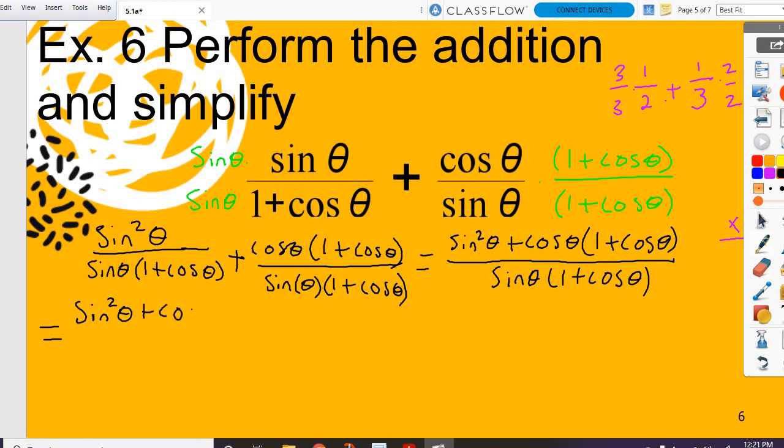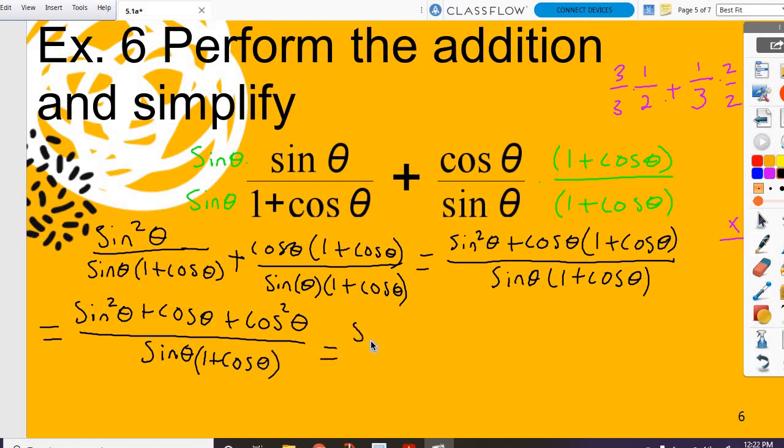So we get cosine of theta plus cosine squared of theta. Now, do any of us notice anything about our numerator? You got sine squared and cosine squared. I do. Notice that all of those are separated by addition, so we can rewrite them in whatever order we want.